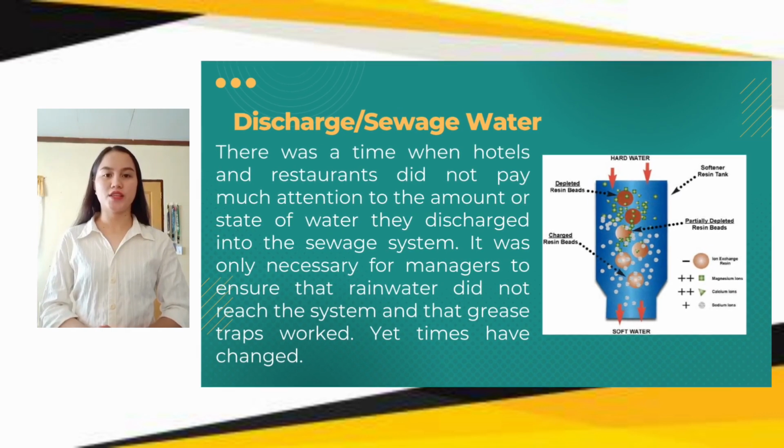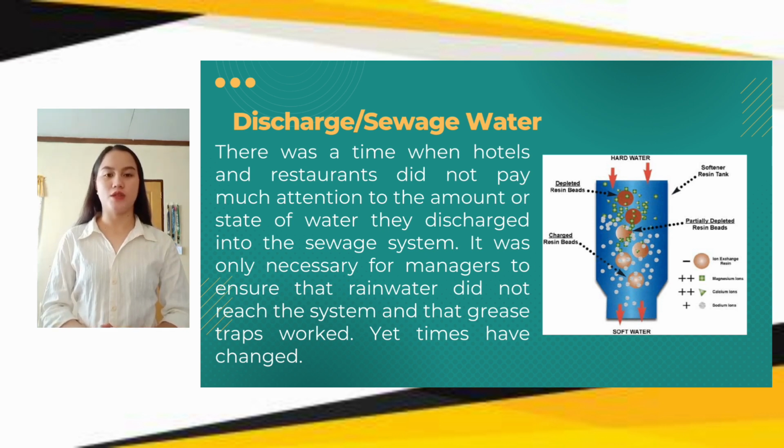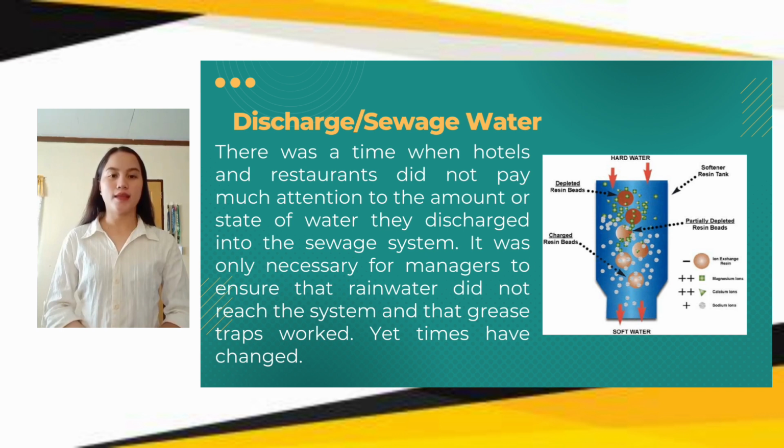Discharge or sewage water. There was a time when hotels and restaurants did not pay much attention to the amount or state of water they discharged into the sewage system. It was only necessary for managers to ensure that rainwater did not reach the system and that grease traps worked.